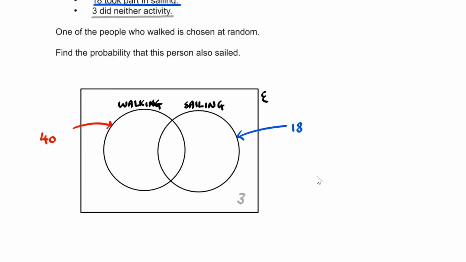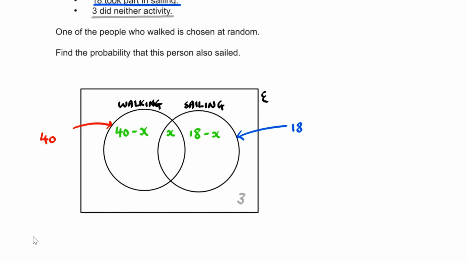Now the way to approach these questions is to let the intersection be x, and if we do that, what we'd have for walking only will be 40 take away x, and what we'd have for sailing only would be 18 take away x, and the total number of people we have is 50.